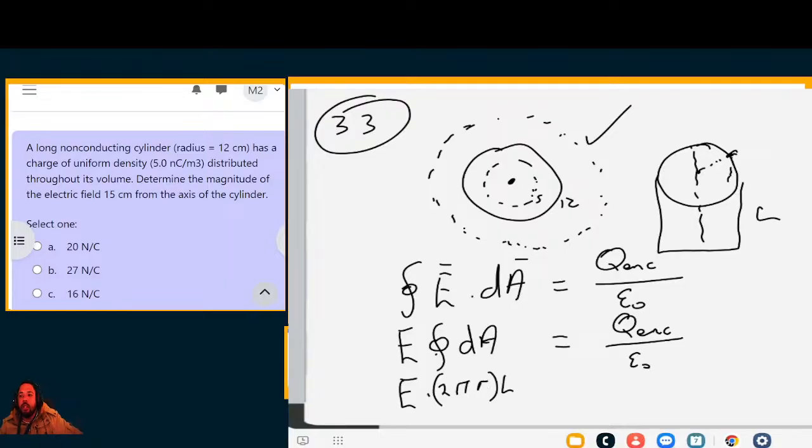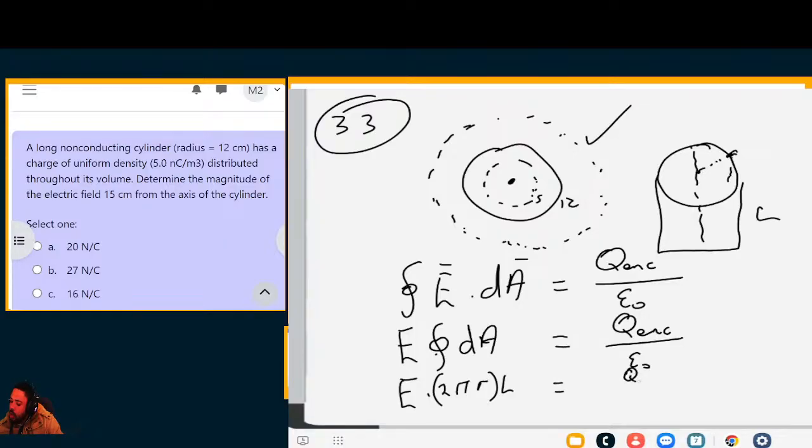Does that make sense? By show of hands, does that make sense? How would you get the outside area of a cylinder? It's the same as that for a rectangle, only the width of this cylinder is just the circumference of the circle.